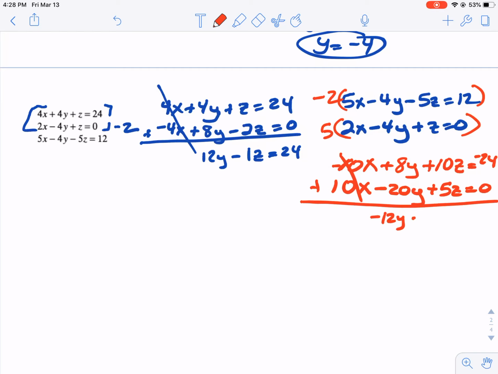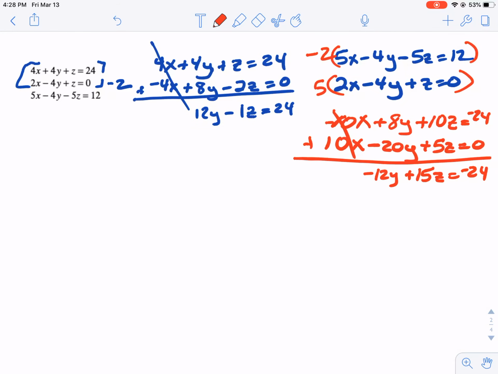Negative 12y plus 15z equals negative 24. So I've done 2 eliminations. Now I have 2 equations with 2 variables, and now I'm going to put the 2 of them together and do another elimination. So 12y minus 1z equals 24, and negative 12y plus 15z equals negative 24.